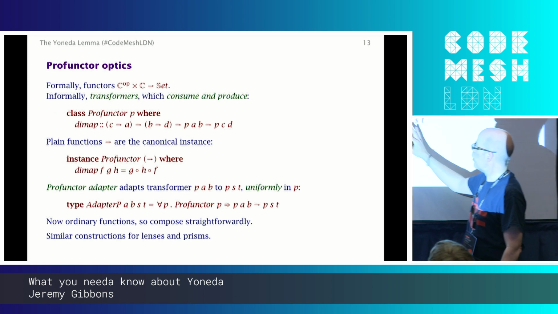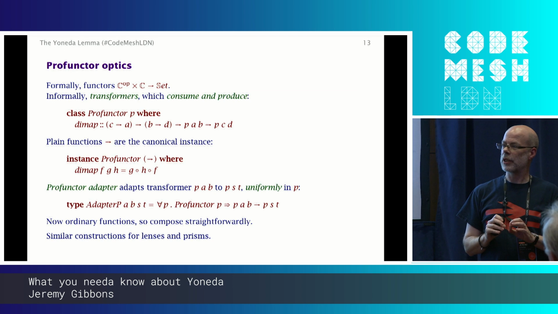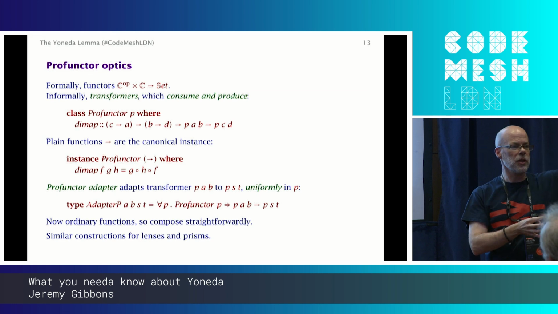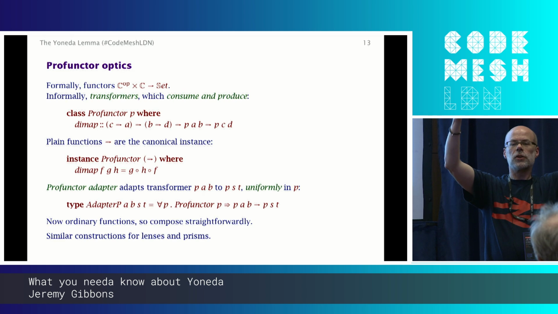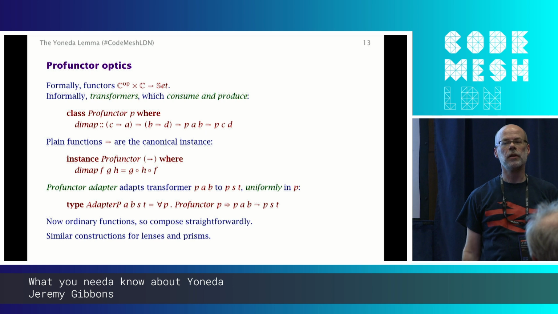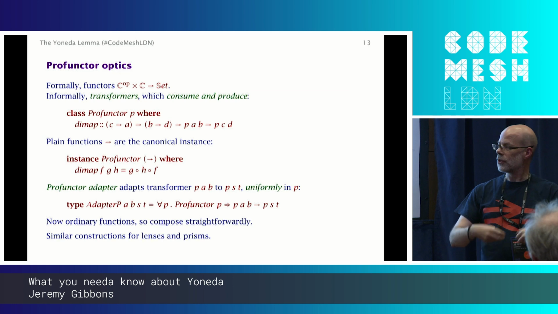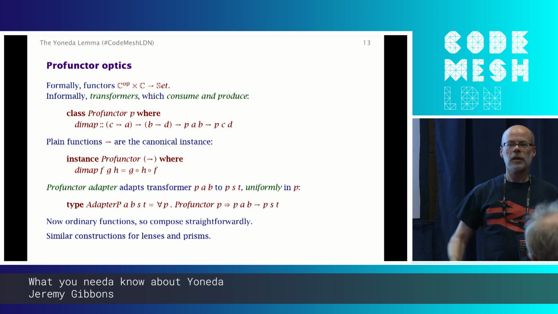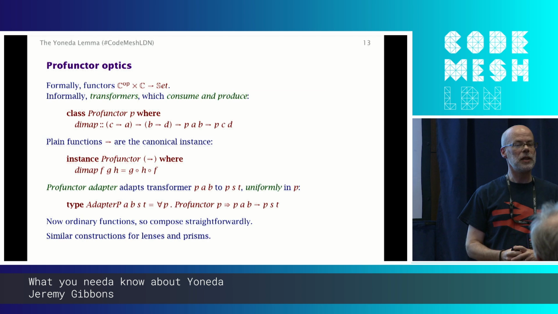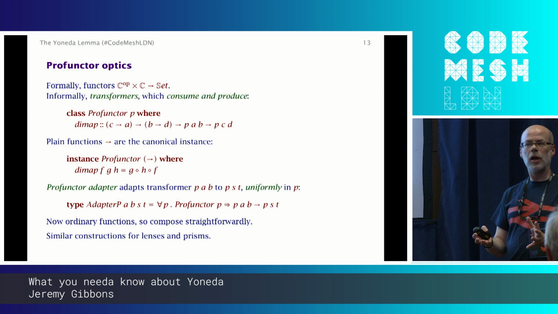Moreover, if I've got a single ordinary function with one type class constraint and I want to compose it with a single ordinary function with another type class constraint, I get a composition of single ordinary functions with two type class constraints. The type class constraints just conjoin. You need this property and you need that property. So the fancy representation of lenses composes with the fancy representation of prisms and makes a fancy representation of lensy prismy things. But you can express lensy prismy things in this format. So that's quite remarkable.